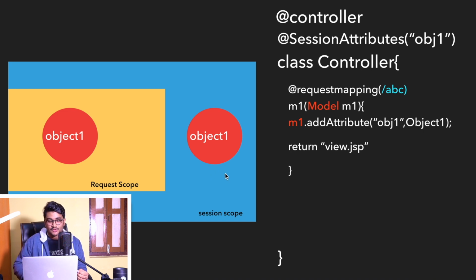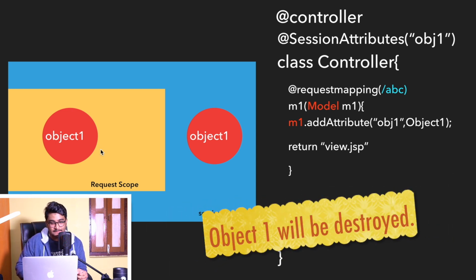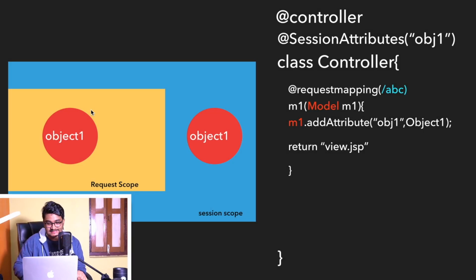The point is, once this particular handler method /abc is completed and the user gets back the response, which is view.jsp, the whole point of this conversation is that once this method has been invoked and completed, object 1 will be removed from the request scope.